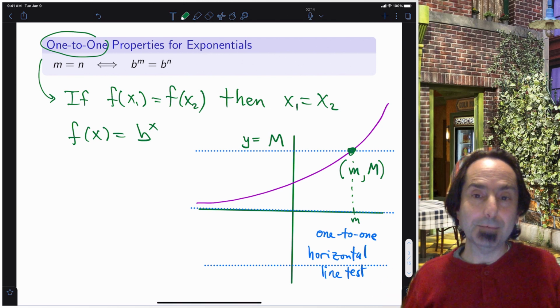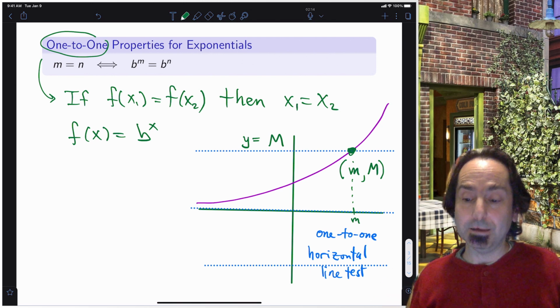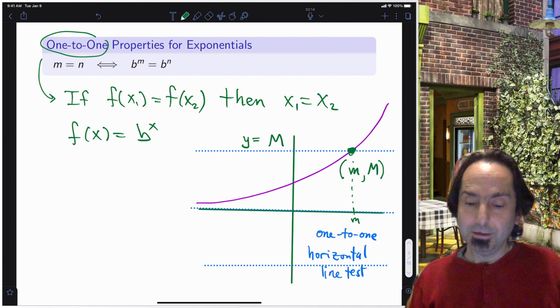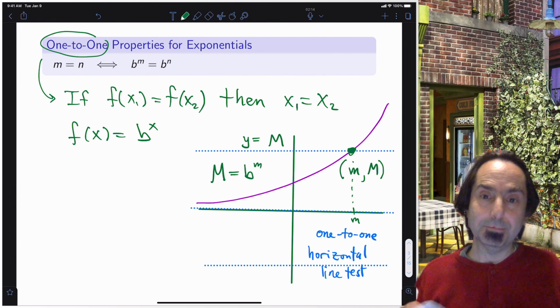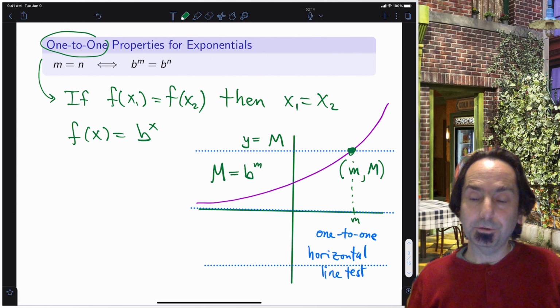When you input little m into the exponential function, you get out big M, and that just means that big M is b to the little m. Little m is the input, big M is the output, and that point is on the curve.